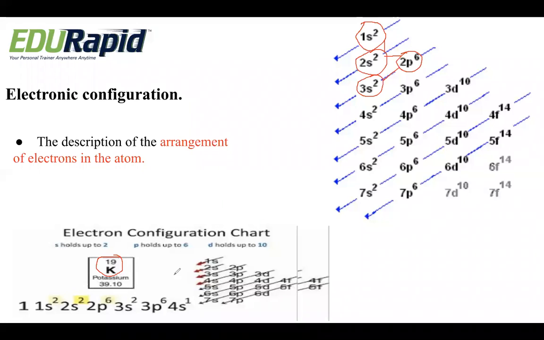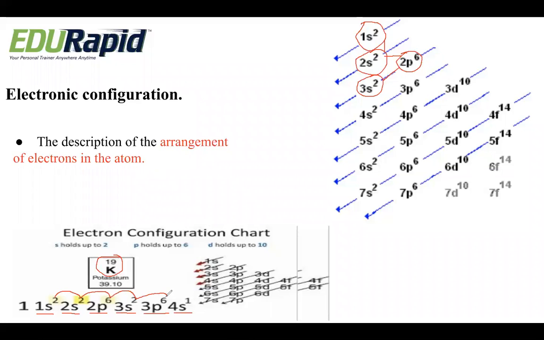It fills as 1s2, then 2s2, then 2p6, 3s2, 3p6, and 4s1. When you add the superscripts, that is 2 plus 2 plus 6 plus 2 plus 6 plus 1, the total will be 19.